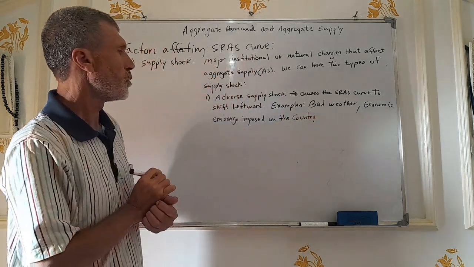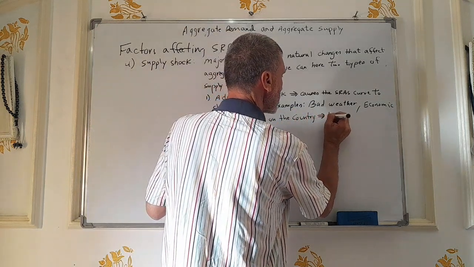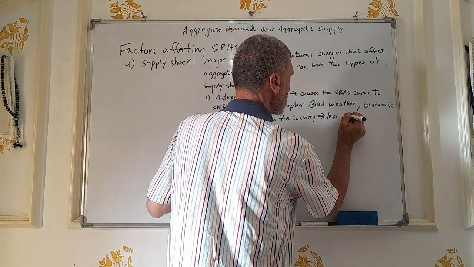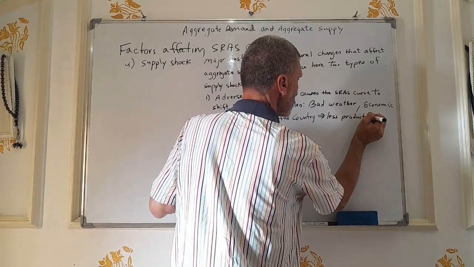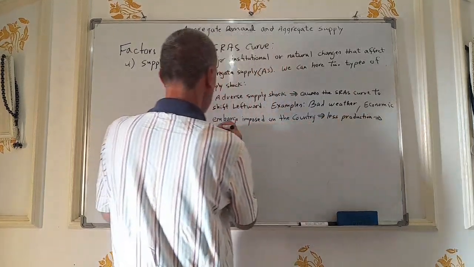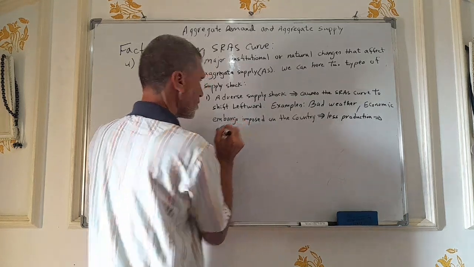Economic embargo imposed on the country means less production, which implies short-run aggregate supply decreases. Okay.